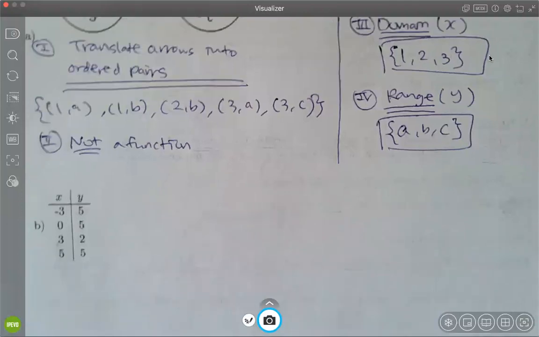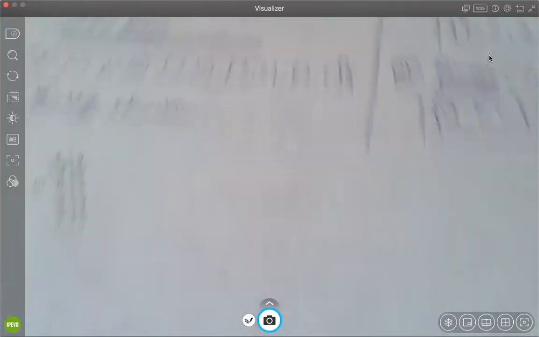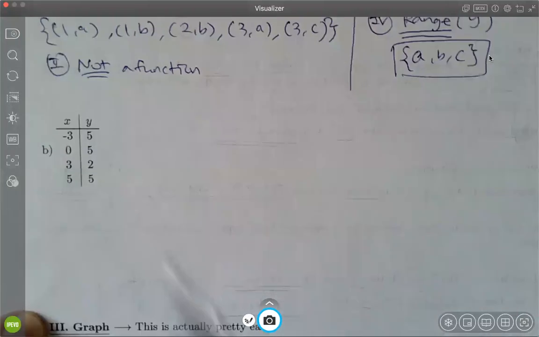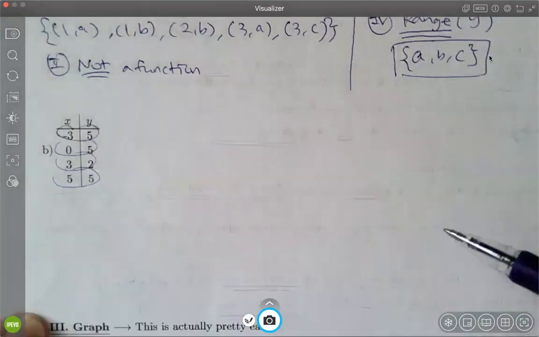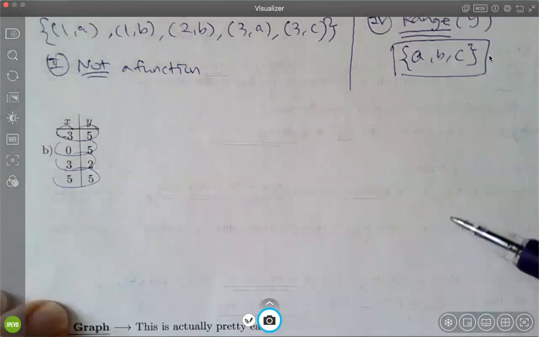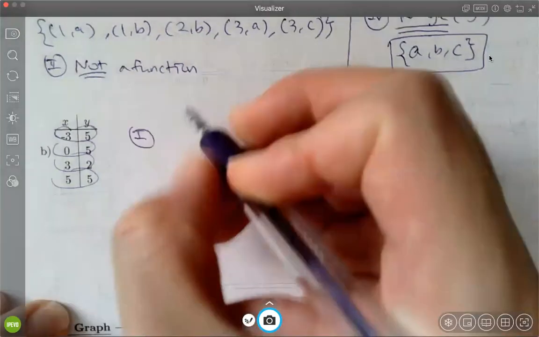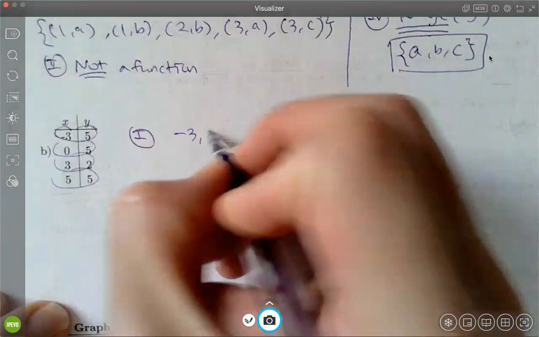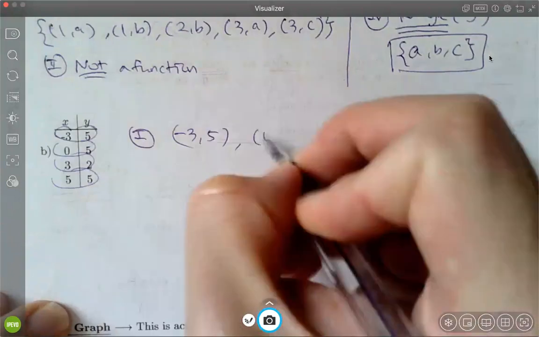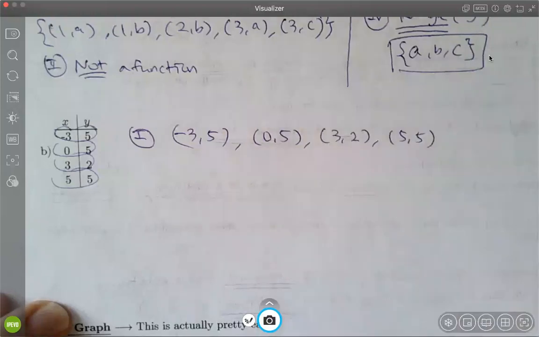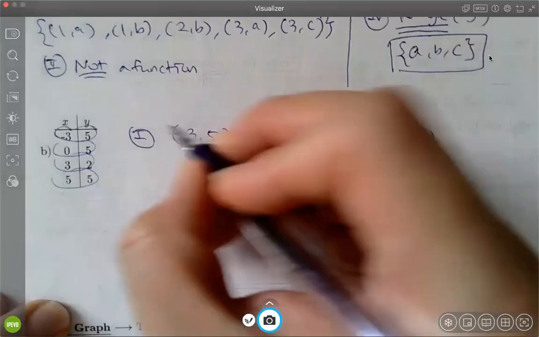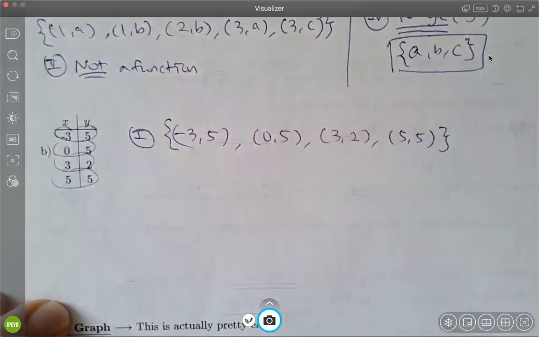You have to look at each row, right? So what do you have here? It's -3, 5, and then 0, 5, and then 3, 2, and 5, 5, right? And if we include them inside curly brackets, then we have a relation.